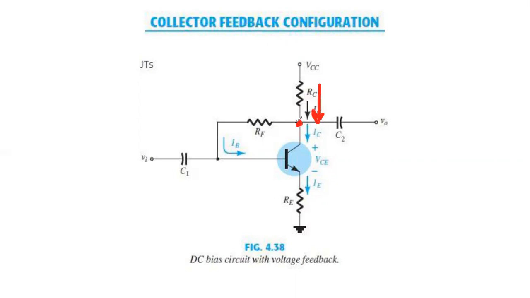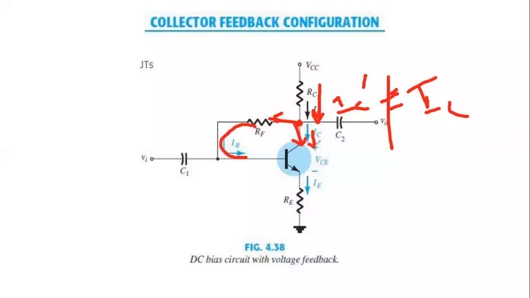After that, the current is divided into two sections, one this side, another one this side. So this IC prime will not be equal to IC, because this IC prime is the summation of IB and IC. But remember, the value of IB is very, very small current. So that is the difference.